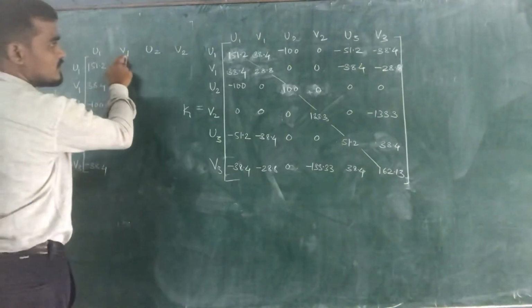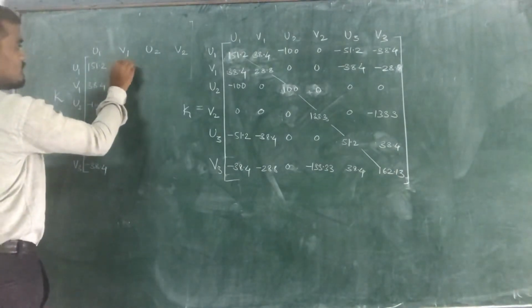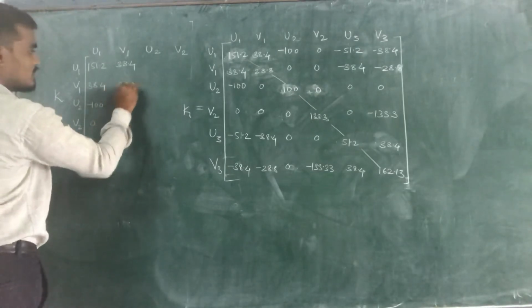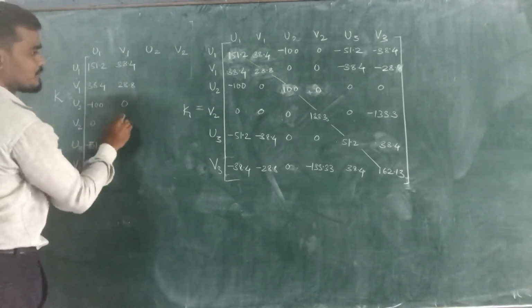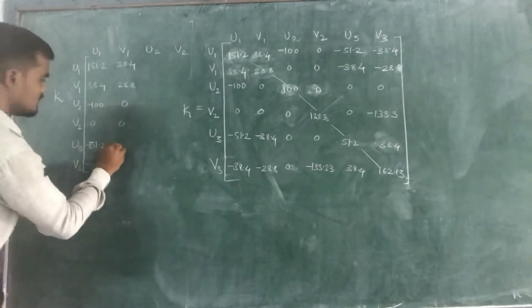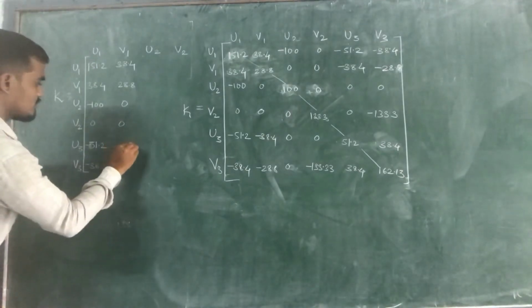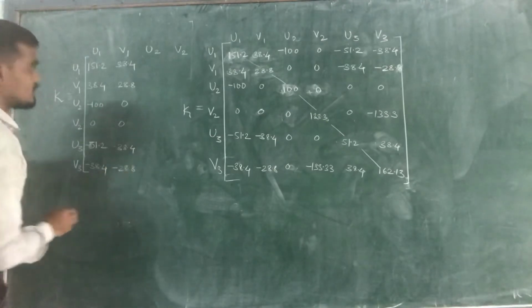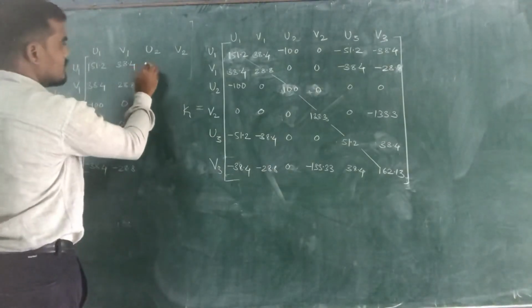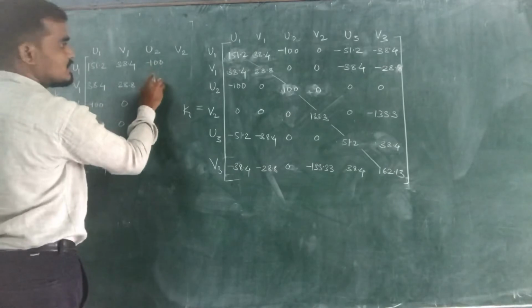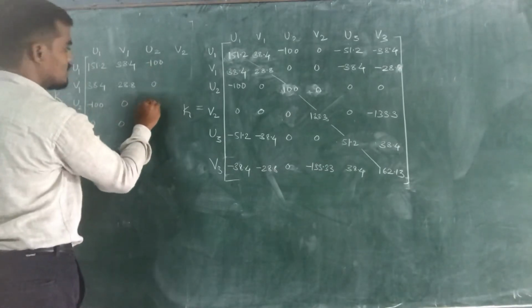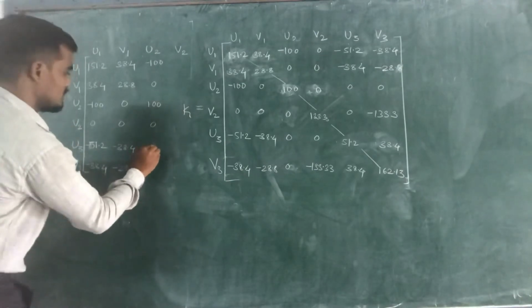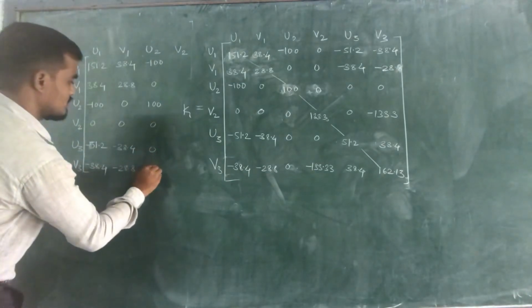Then next V1 column, so 38.4, 28.8, 0, 0, minus 38.4, minus 28.8. Then next U2 column, minus 100, 0, 100, 0, 0, 0.